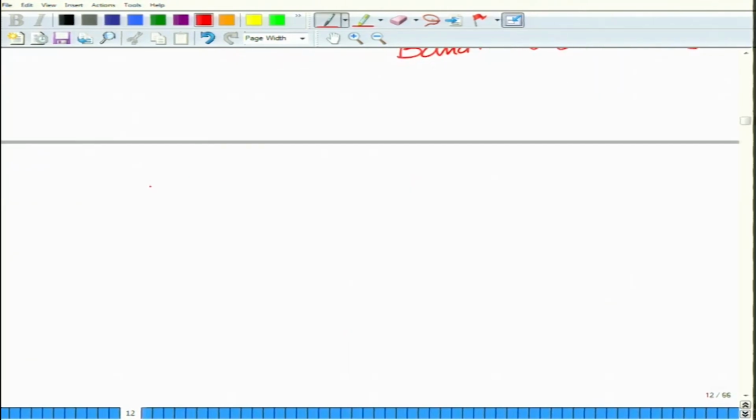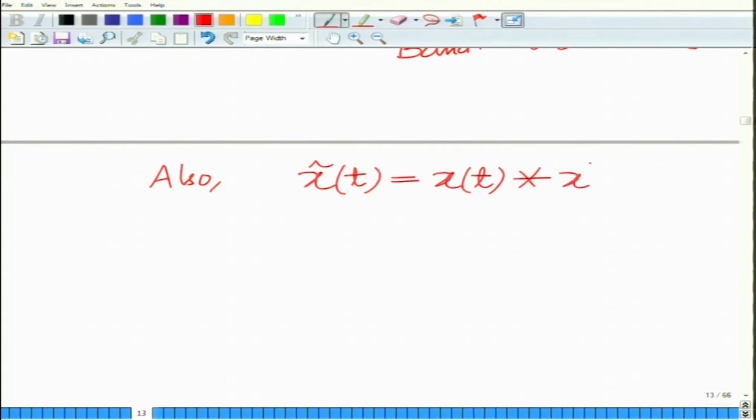Now, also observe the following thing, we have x tilde t equals x t convolved with x conjugate of minus t.